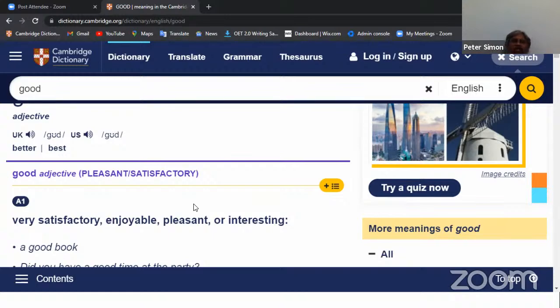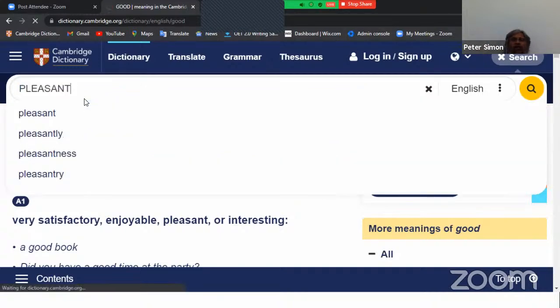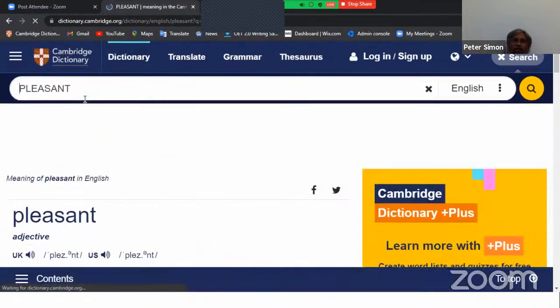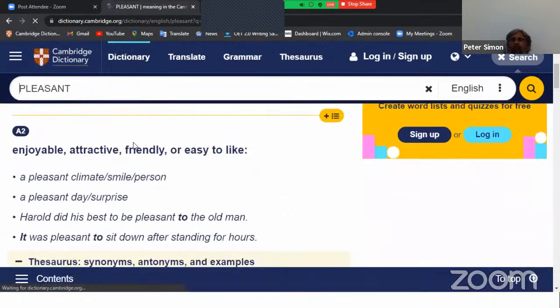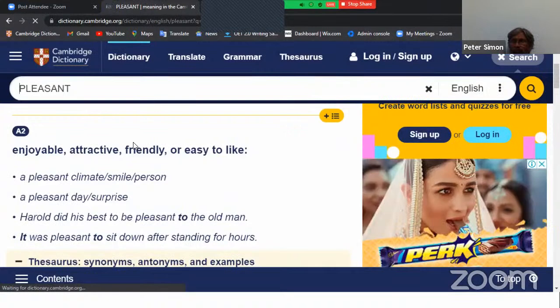Now, good is an adjective. He is giving two words. One is pleasant and one is satisfactory. The other meaning of good is pleasant. The word is A2. What do you mean by A2? Elementary. That means grade 1 to 5.